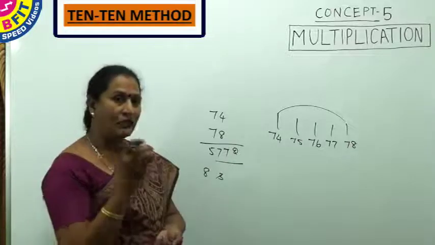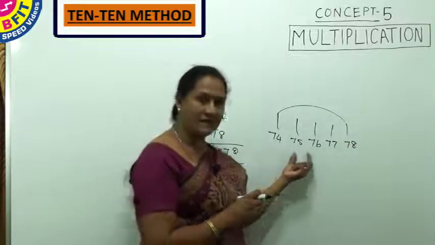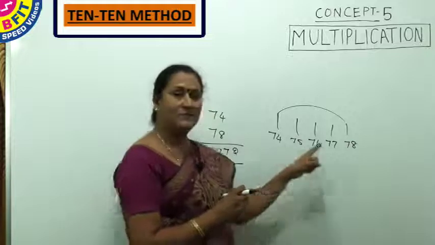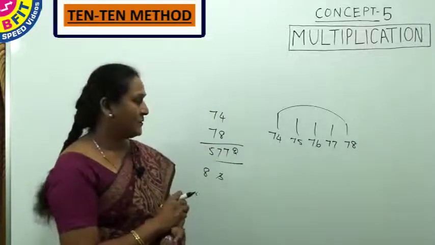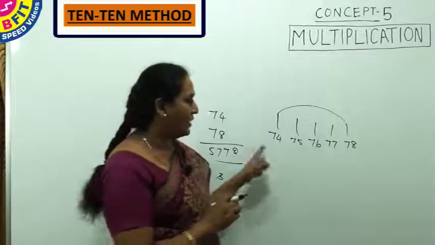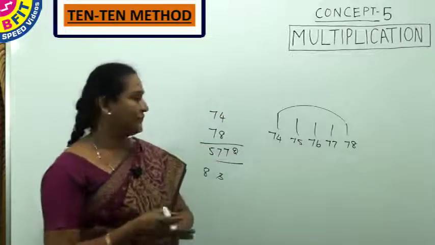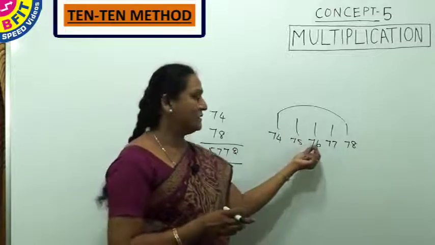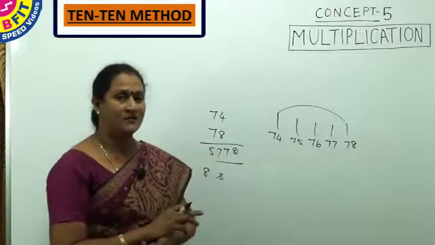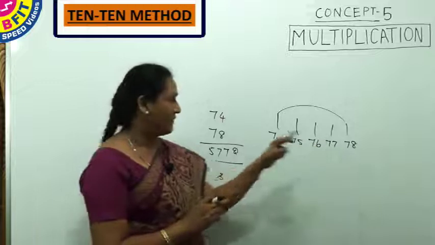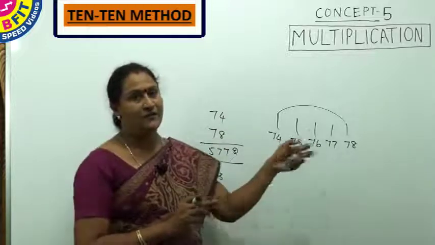So now I have told you, in averages we will be getting this type of question where the tens place will be the same. Because if the average is given, all the numbers' tens place will be the same. And now if you are asked to find the product of the first and middle term, what will be the answer? First and last term, we found the product for 74 and 78.